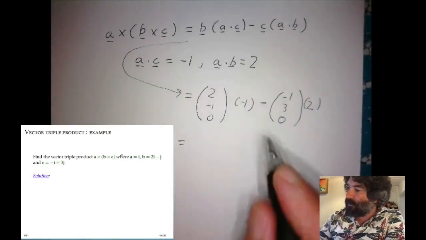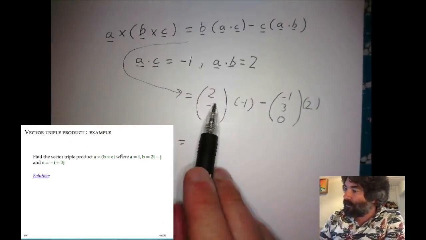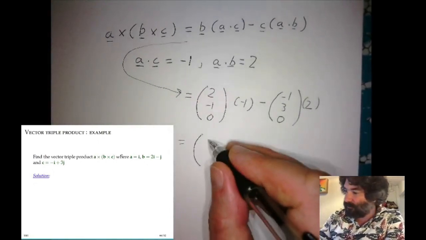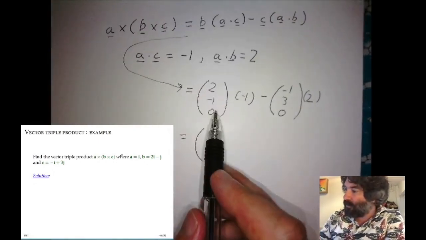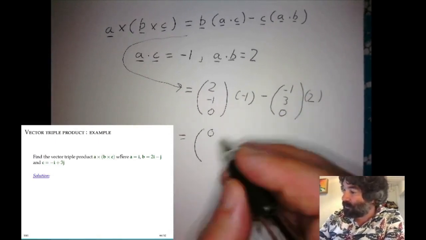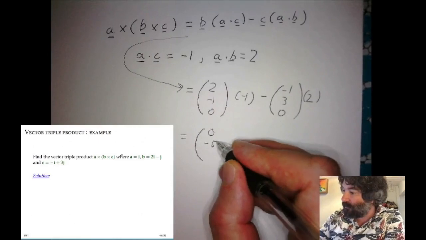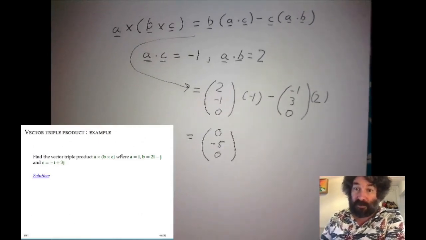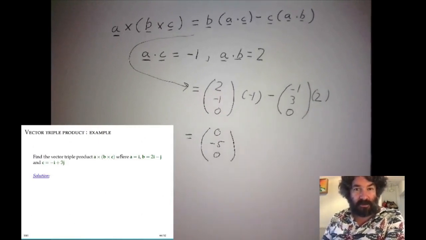And so if we work this out, we have -2 plus 2, so the first entry is 0. And then 1 minus 6, and so the second entry is -5, 0. So this is the vector triple product of these three vectors, A, B, and C.